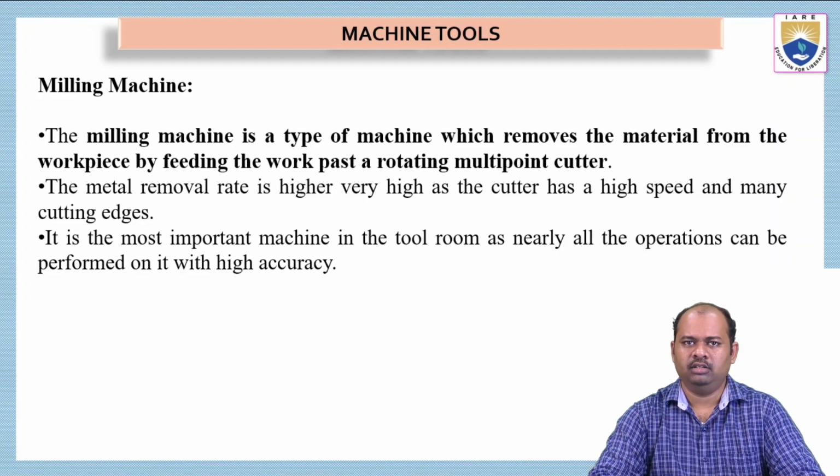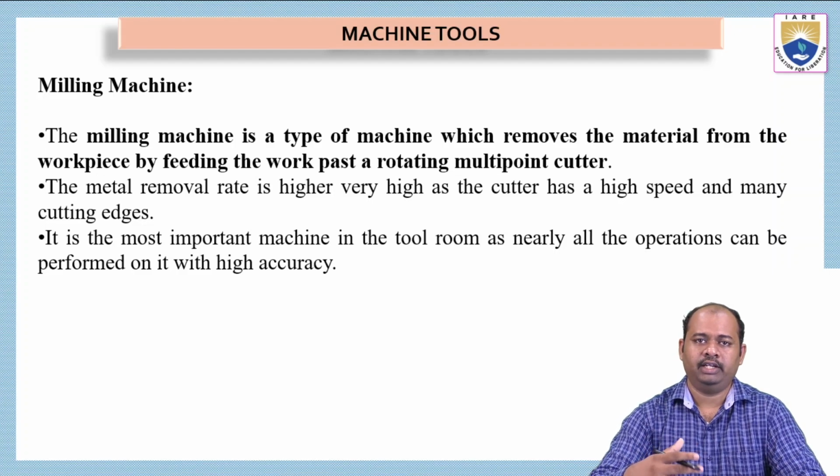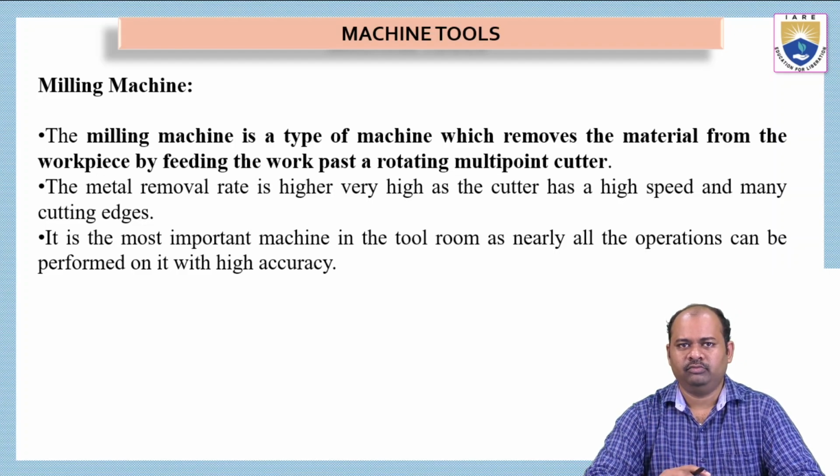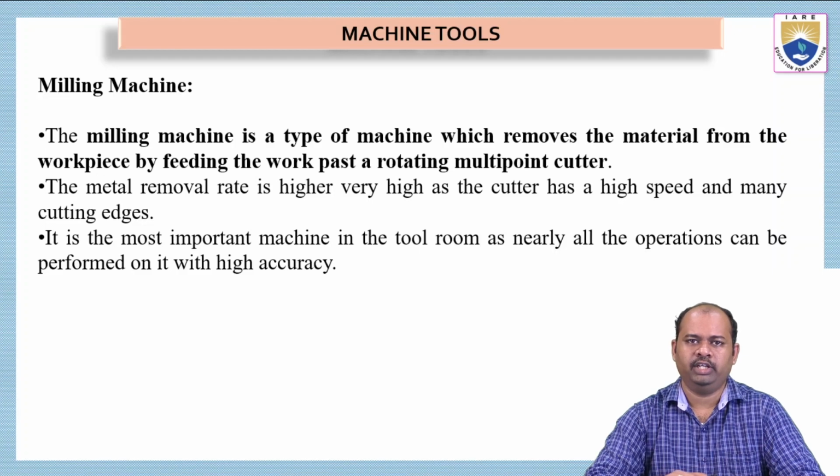Whereas in a milling machine, we have a multi-edge cutting tool, with multiple edges responsible for removing more material at a higher speed. Chip formation is seen here more rapidly, and the process of machining takes less time.